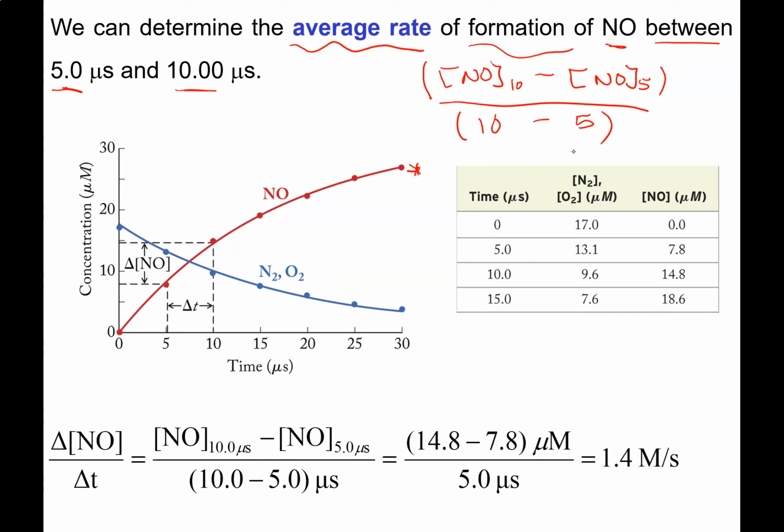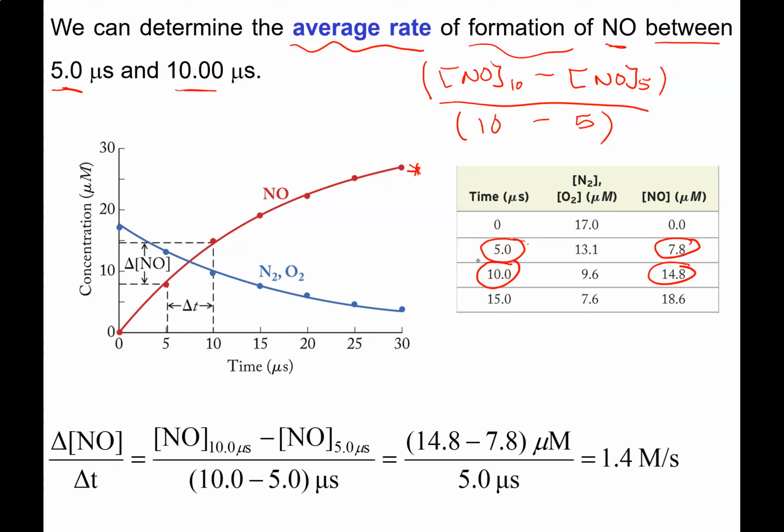So we'd need either a graph or a little table, and we'd have to find those values. So we need NO, because we're trying to look at the formation of NO at 5 microseconds and at 10 microseconds, and that's the data that we're going to use.